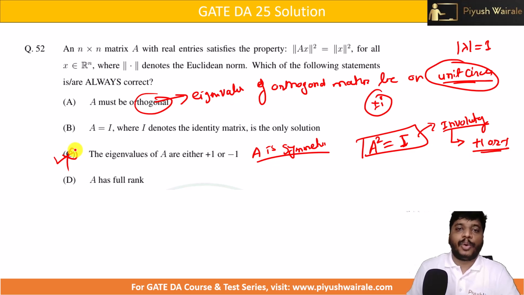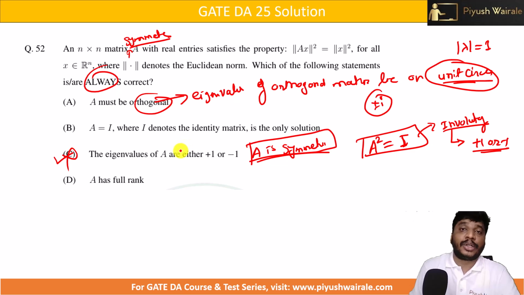So this will be true only if A is a symmetric matrix. It is not mentioned in the question whether A is symmetric or not. If we say that an n cross n matrix is a symmetric matrix, in that case option C will be correct, but not always, because A is not a symmetric matrix here. I hope you understand why option C is not correct here.